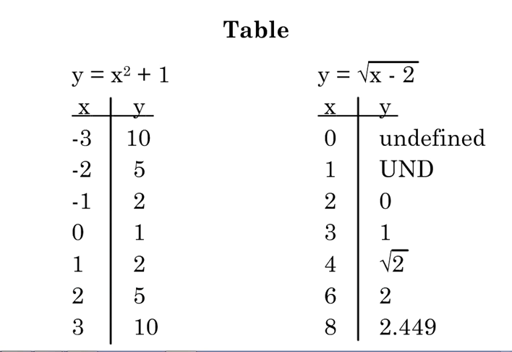It just doesn't give me a nice whole number answer. So that's why we shy away from those. I could plug 5 halves into the square root of x minus 2 and I would get an answer. But again, it just doesn't give me a nice, pretty whole number answer. So that's why we don't typically include it in our tables, but that doesn't mean that we can't. Okay, so just a little side note there.